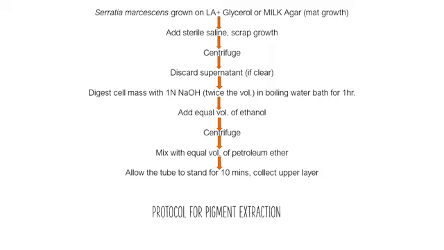If you want the pigment in liquid form with solvent, then you use it as it is, or you can further go to drying that particular pigment. For example, with prodigiosin, you can go for evaporation of the solvent and you will get the dry pigment form. So this is the protocol for pigment extraction.